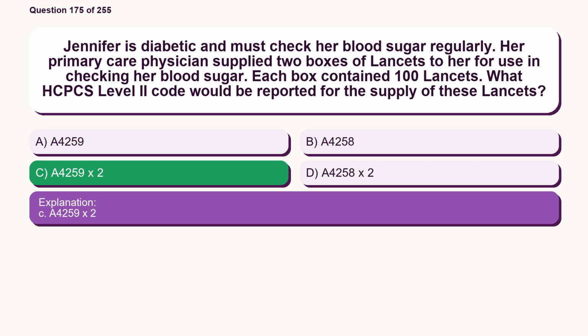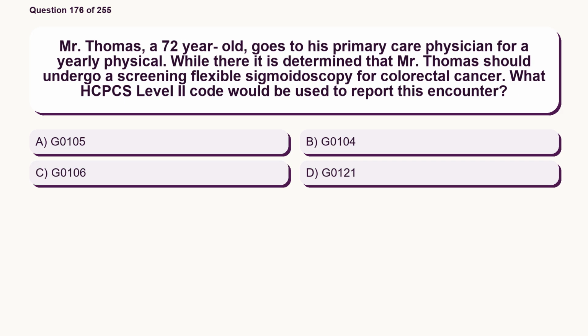Question 176. Mr. Thomas, a 72-year-old, goes to his primary care physician for a yearly physical. While there it is determined that Mr. Thomas should undergo a screening flexible sigmoidoscopy for colorectal cancer. What HCPCS Level II code would be used to report this encounter? Option A, G0105.